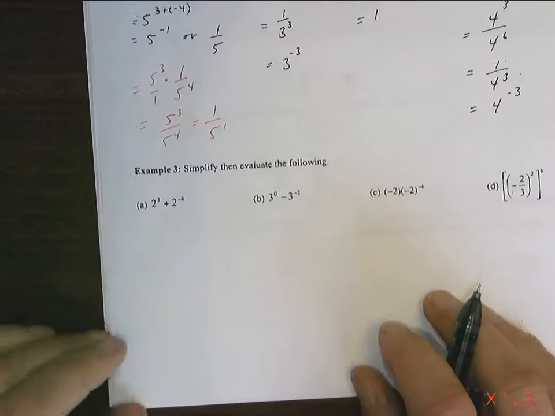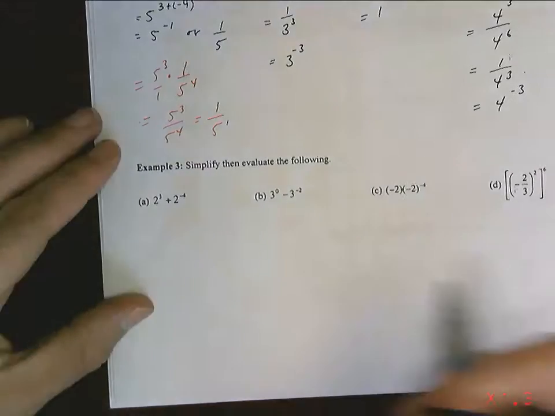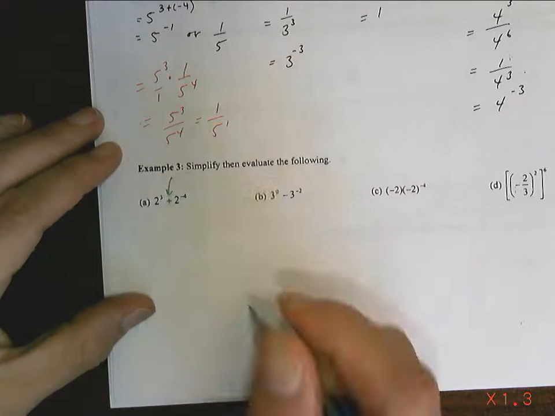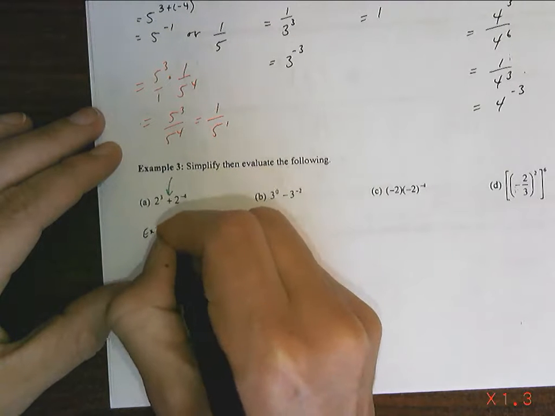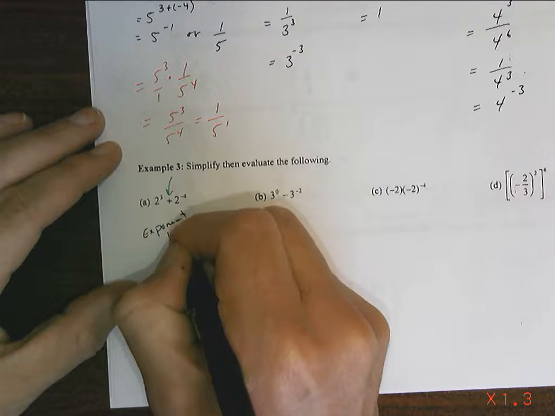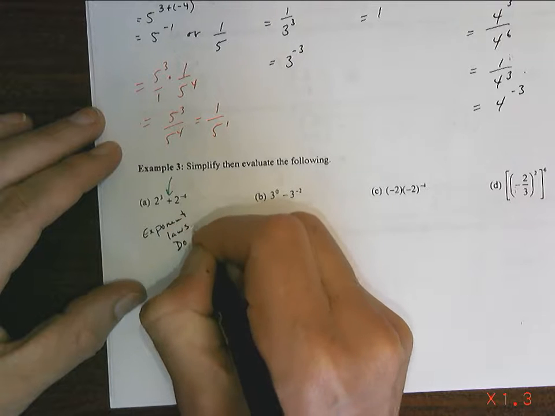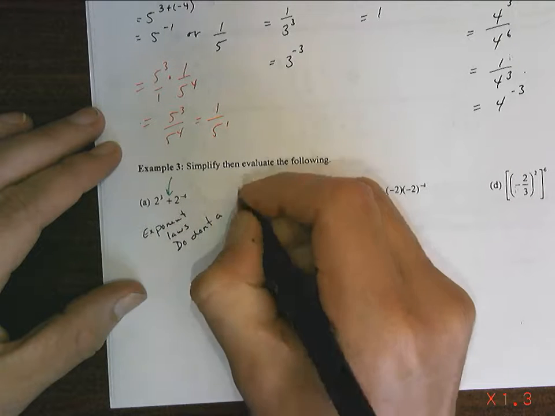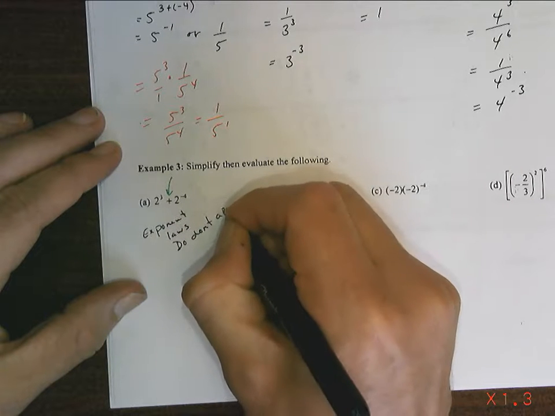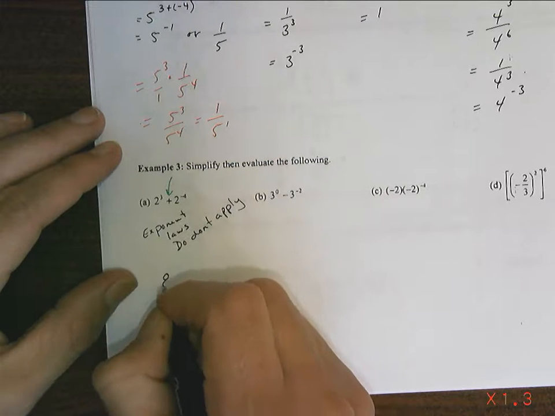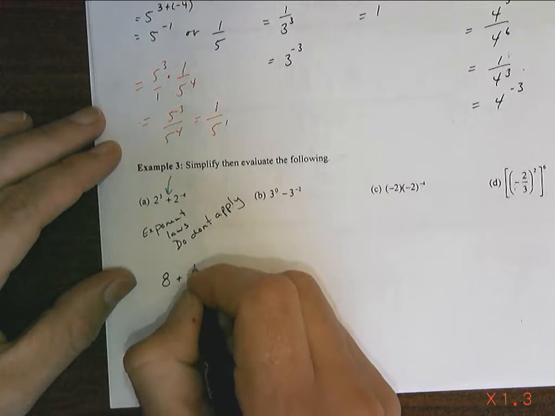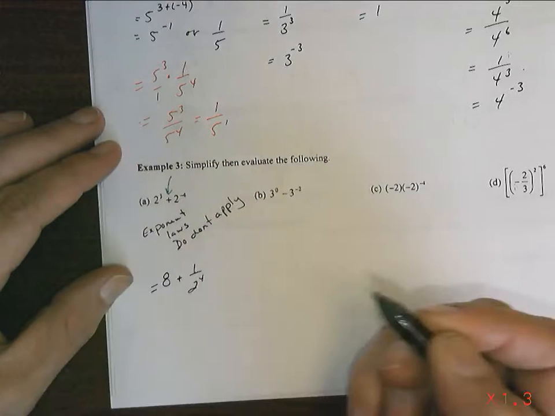Now example 3, you gotta be on your game here. This is addition. This is not multiplication. So the exponent laws do not apply. So the best I can do is do 2 to the 3, which is 8, and the best I can do is 1 over 2 to the 4, which is a decimal.